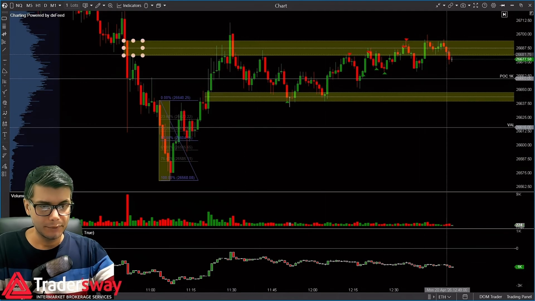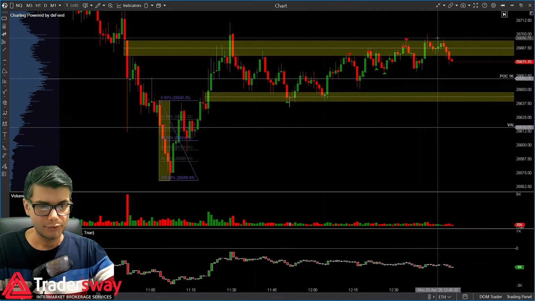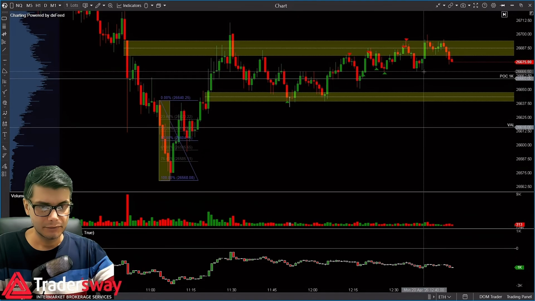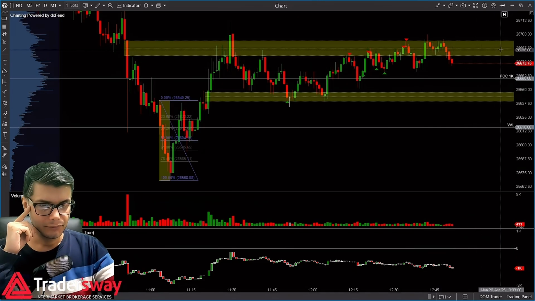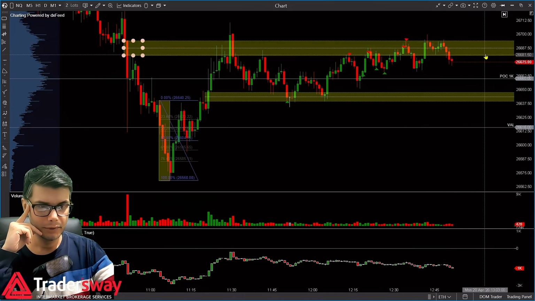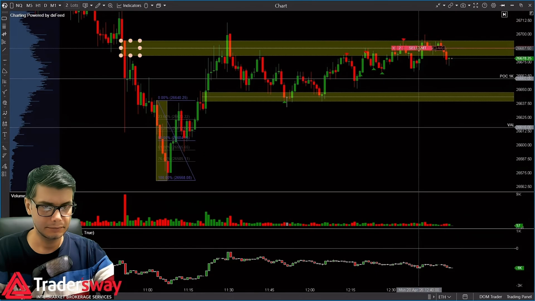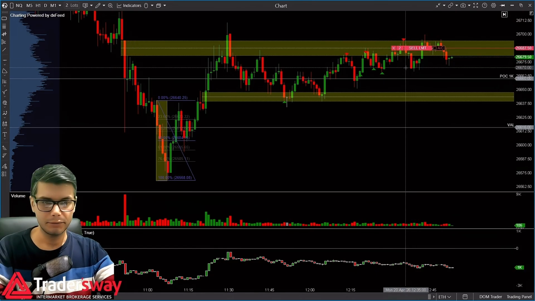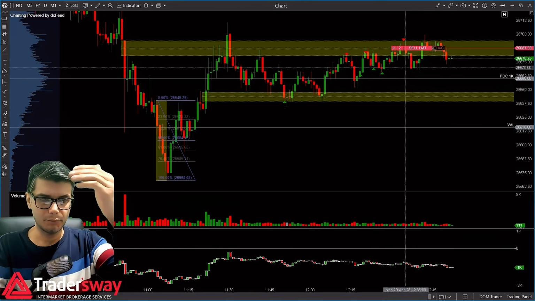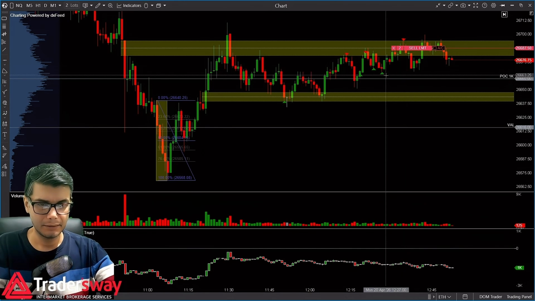So let's wait for the price to enter the mean threshold. Stop will be above here, targeting this low. Let's start with 2 contracts right in the mean threshold. Order placed. Once my order is active, I will move the stop to that high and then target these equal lows.